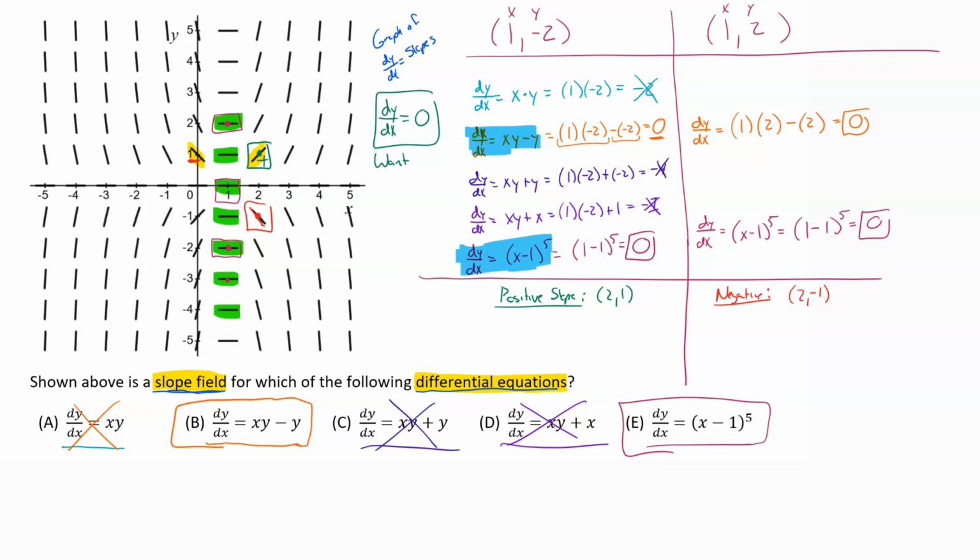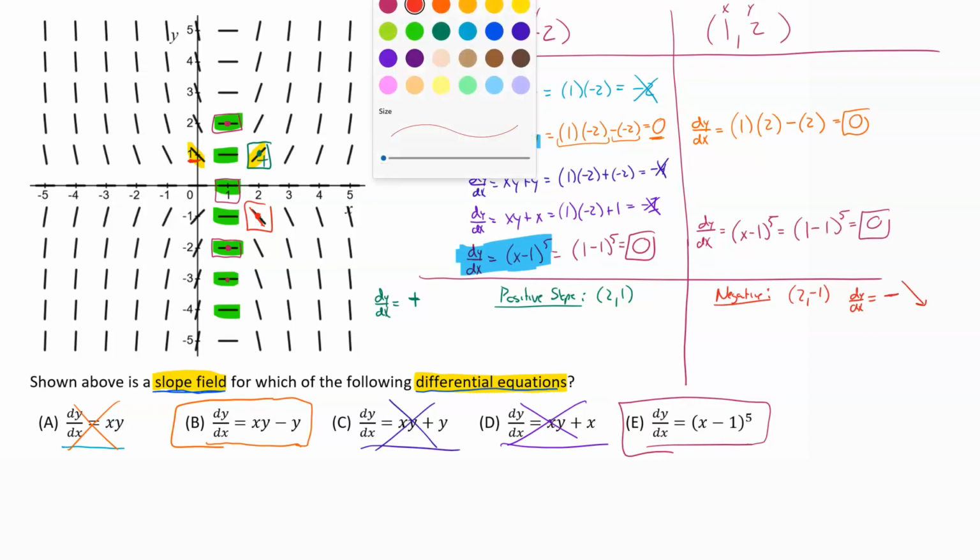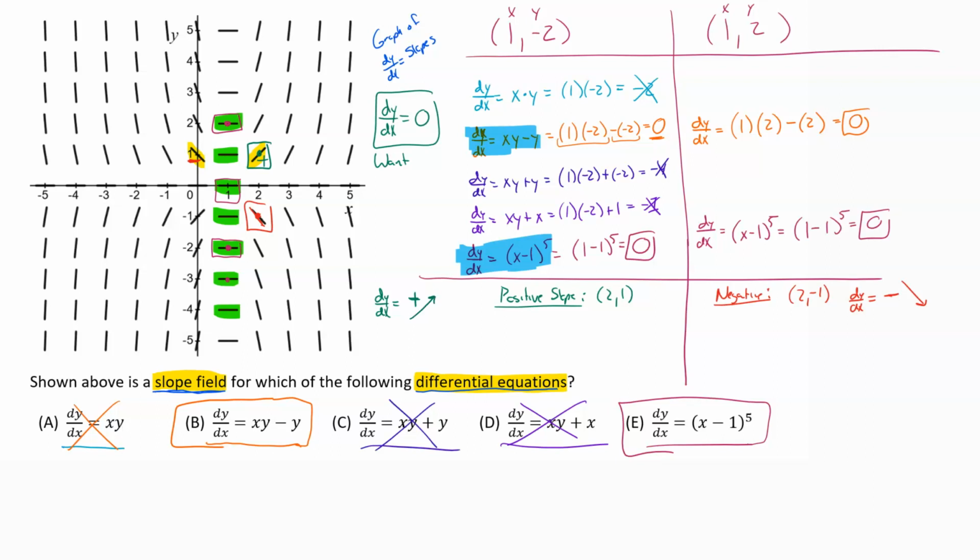What we're checking for here is we need our dy/dx, our answer, to come out of those equations as a positive number on this side when I plug those in. And then my dy/dx, when I plug it in on this side, needs to give me a negative number, because negative means decreasing slope, right? Positive means increasing slope.